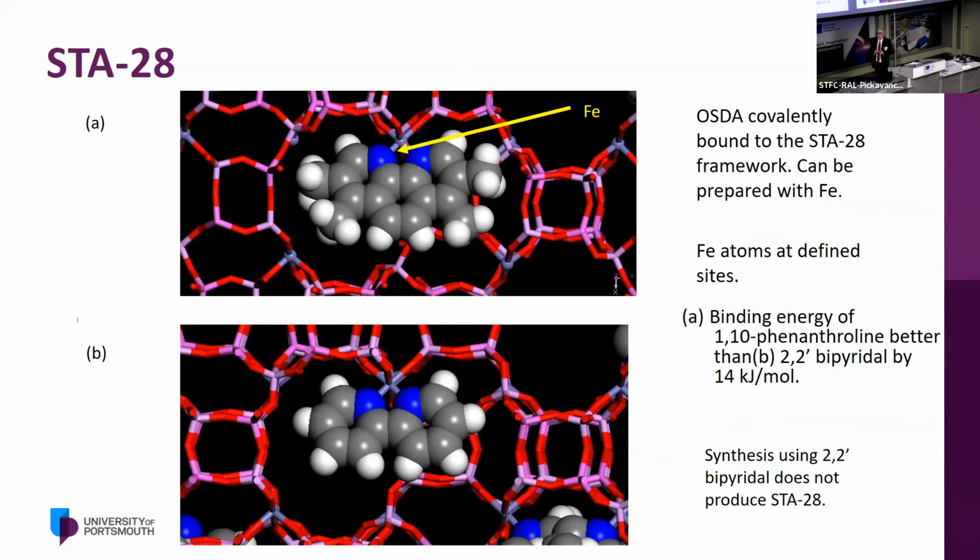You've still got that 6-fold coordination there, but the experiments show that you don't form it with this particular molecule, and the calculations suggest it is less stable by 14 kilojoules per mole. So it's still really important that you've got that 6 coordinate site in the structure, but you've also got good van der Waals interaction with the rest of the structure in order to stabilize it and form it.